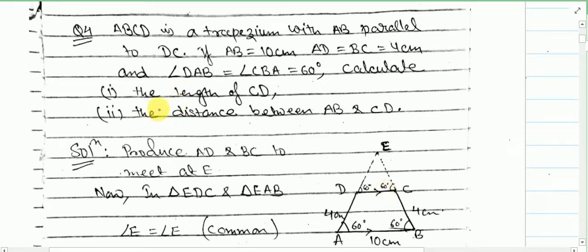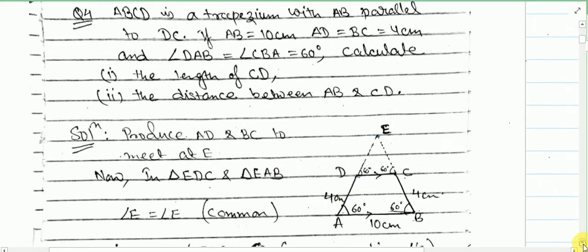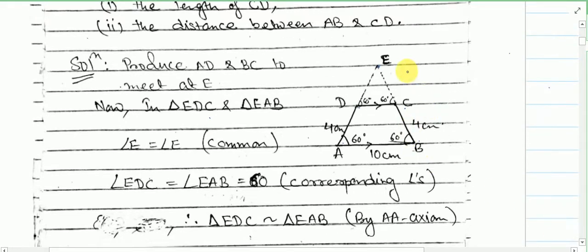Now I will show you what you're supposed to write in your copy. So here you have to produce AD, like I said, you have to extend AD. So AD, and we have to produce BC, and these two will meet at E. Now in triangle EDC and triangle EAB, you can see that this angle is common, and here 60, here 60, here 60, here 60.